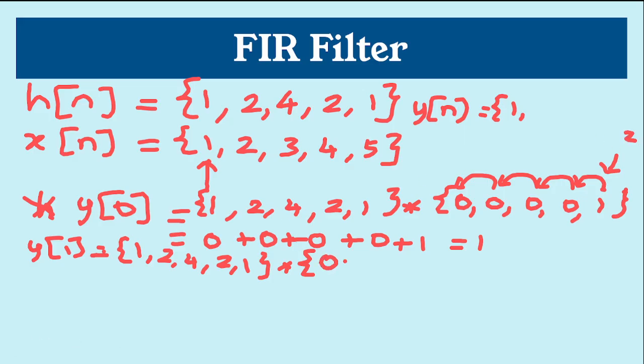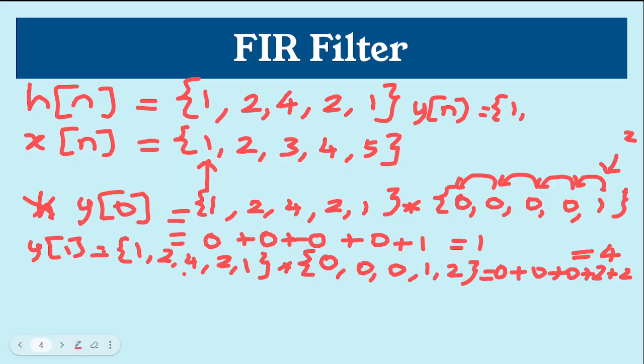So you store 0 0 0 1 2. Now let's multiply: 0 plus 0 plus 0 plus 2, and then another 2, which is 2 plus 2 equal to 4.